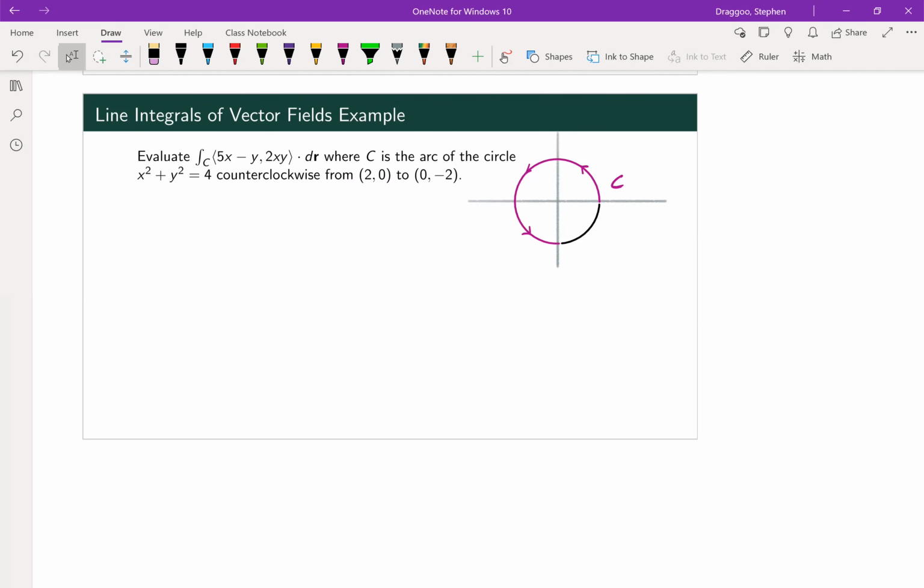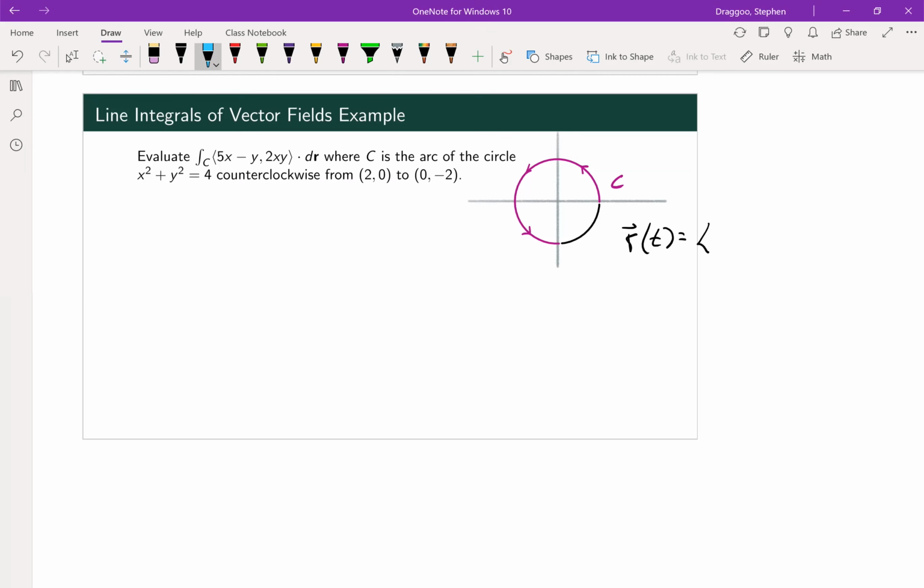So r, I'm going to want to be the parameterization of this 3/4 circle over here to the right. So r, which is some parameterization, meaning it's a vector. And we might as well use a very similar parameterization to the one we used in the previous example. This isn't quite the unit circle, since this one has a radius of 2.